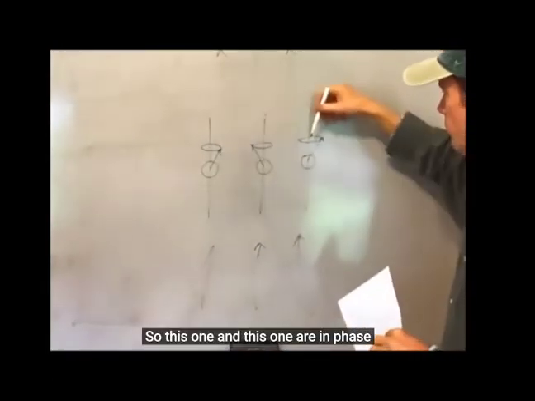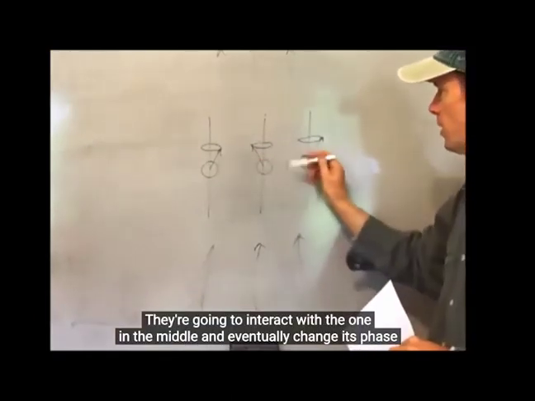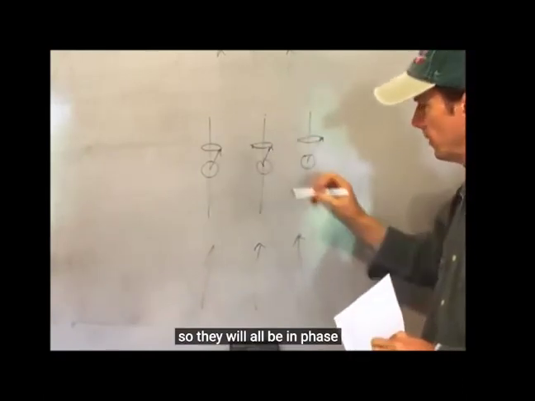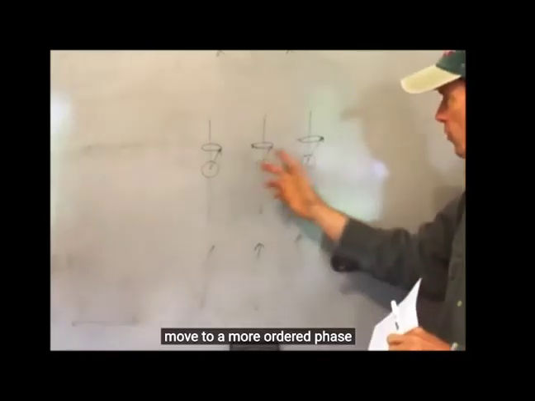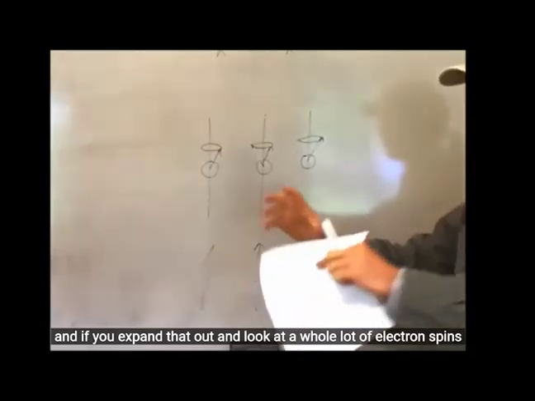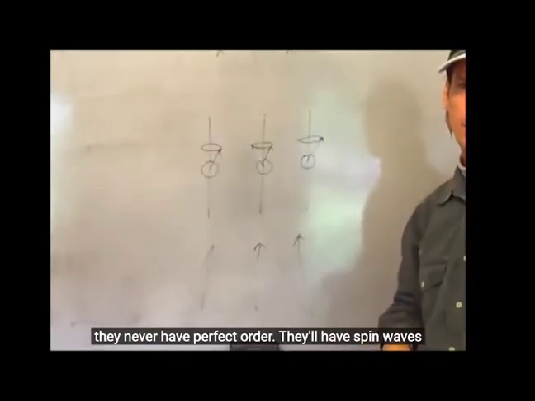So if this one and this one are in phase, they're going to interact with the one in the middle and eventually change its phase, so they will all be in phase. Their natural tendency is to all move to a more ordered phase. And if you expand that out and look at a whole lot of electron spins, they never have perfect order.